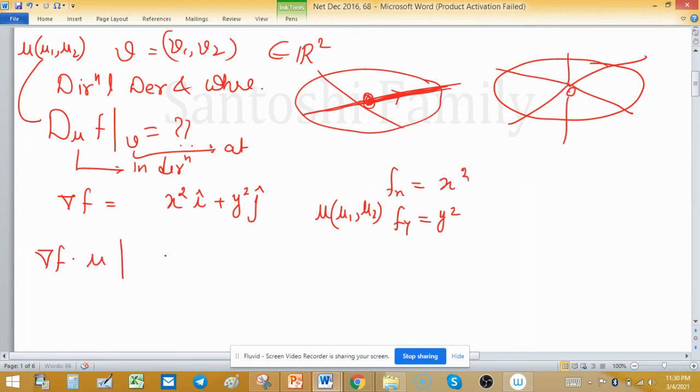Now x is replaced by u1 and y by u2, so u1 square plus u2 square, because when we take a dot product, i and j go away when we take the dot product of two vector quantities.